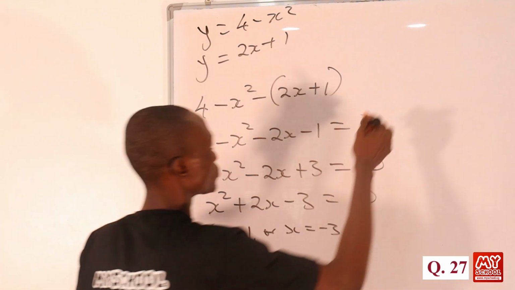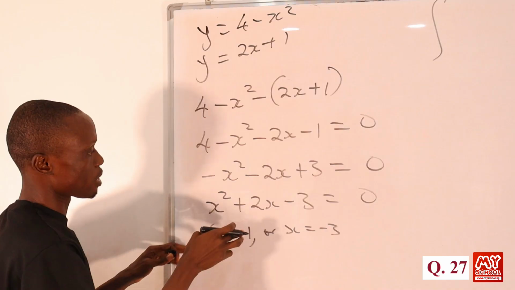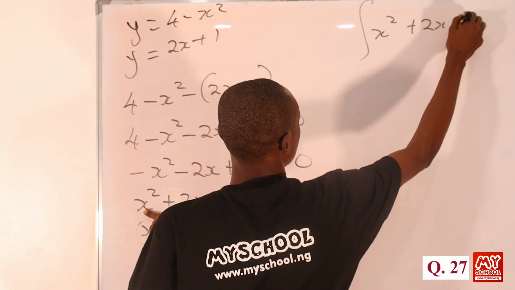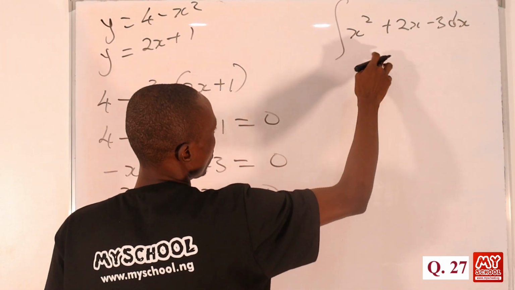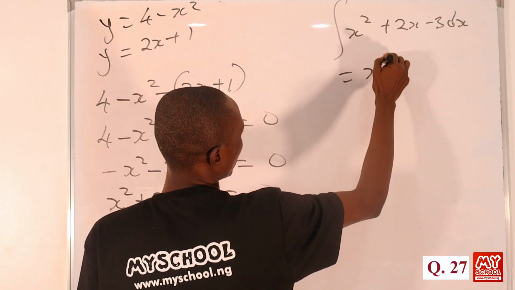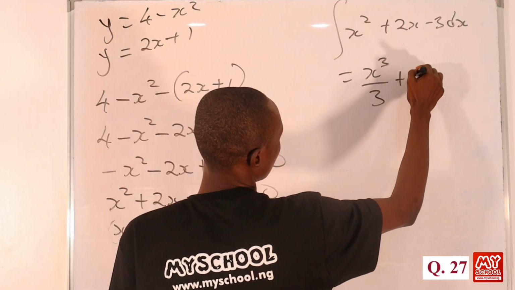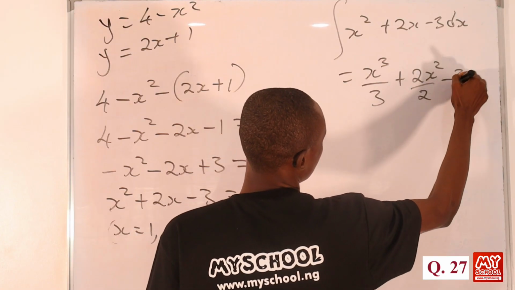Now we integrate the result of subtracting the two curves, which is x² + 2x - 3, with respect to x. So we'll be having x³/3, then plus 2x²/2, then minus 3x.